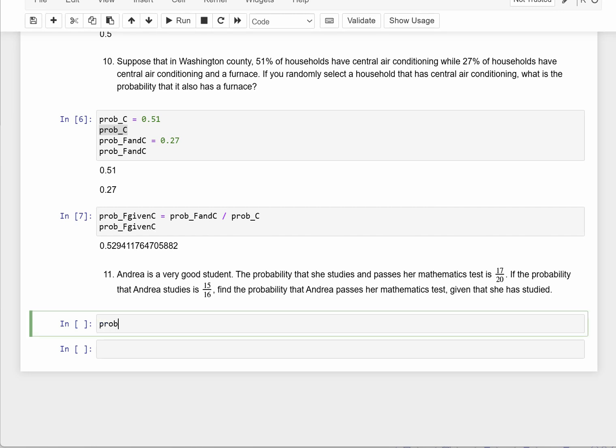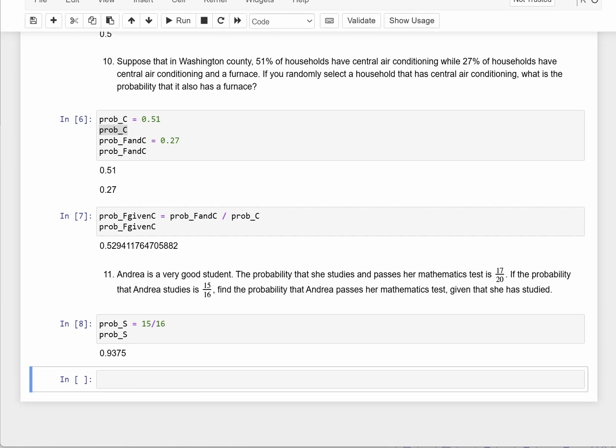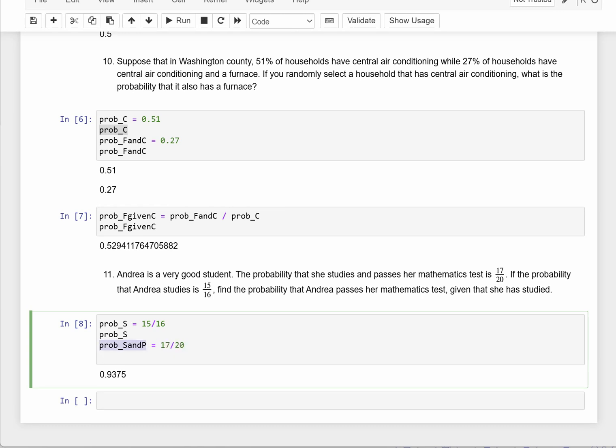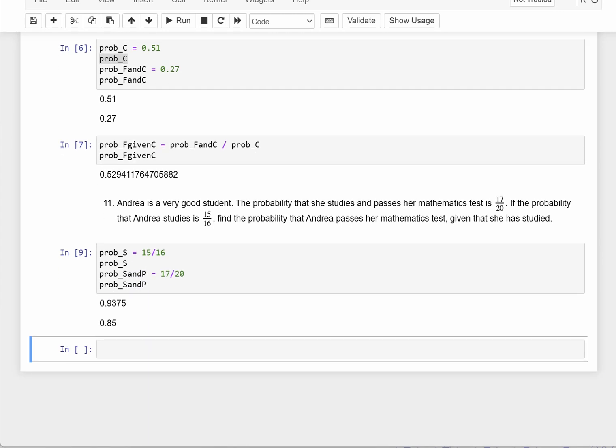Okay, so the probability of studying equals 15 divided by 16. 93.75% of the time she studies. The probability that S and P, that she studies and passes, is 17 out of 20. All right, there are the two variables that we need.